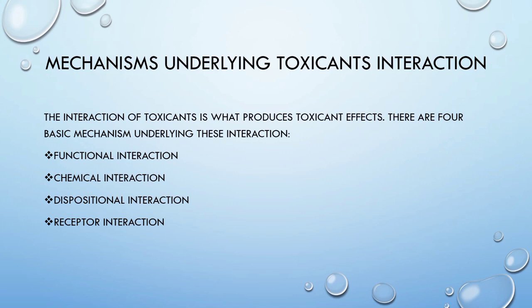The first one is functional interaction. This is when both chemicals affect the bodily system by different mechanisms, and their combined effects can either increase or decrease the effect of a toxicant. We take for example atropine and pralidoxime. They both reduce the toxic effects of organophosphates in the body by different mechanisms.